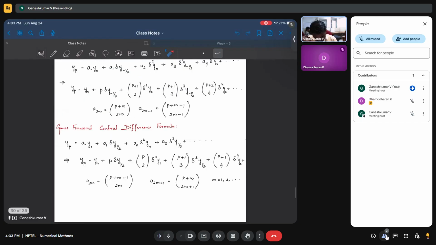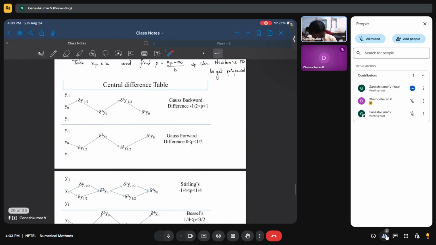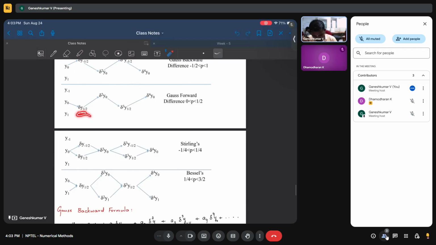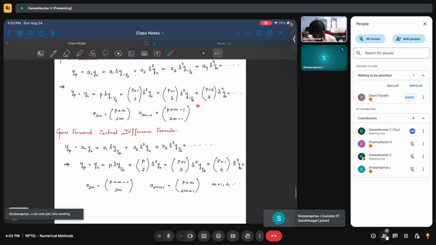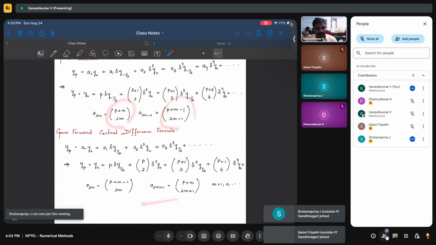For central difference, you start from minus half and then you go like this. In the forward difference you will have y plus half, so that's the major difference. Otherwise both are almost the same. You just need to take care of these coefficients and permutations correctly.